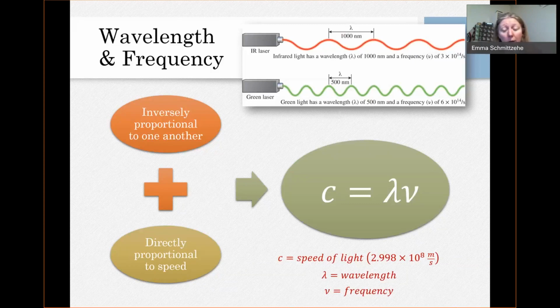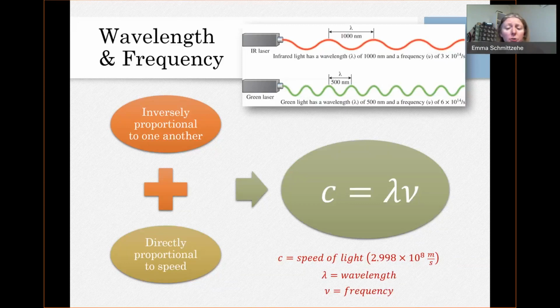So that number won't change. The wavelength is specific to whatever light you're talking about, and so is the frequency, okay? So the product of those always has to equal the speed of light. And so when one of them changes, the other has to change. And when one of them goes up, the other is going to go down, okay?